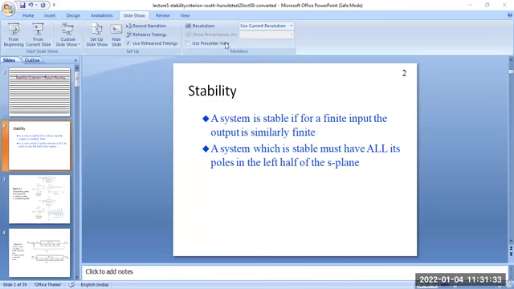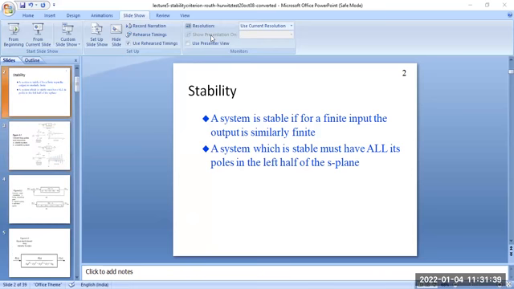Please confirm, anyone. Is the slide visible? Yes, sir.